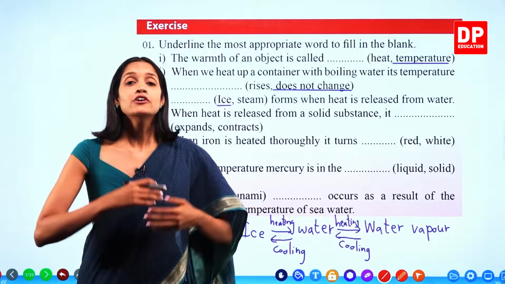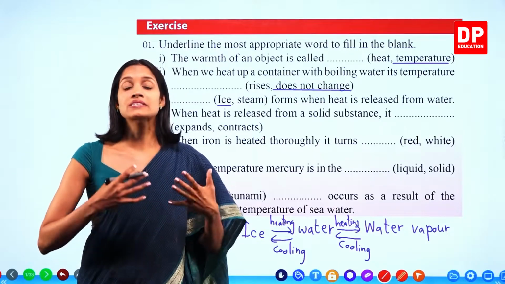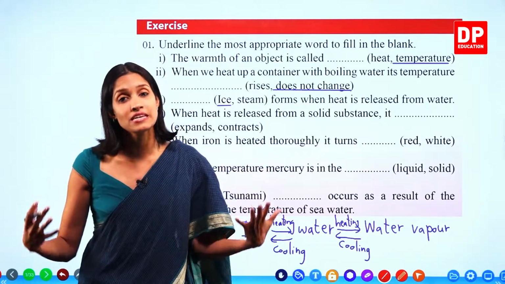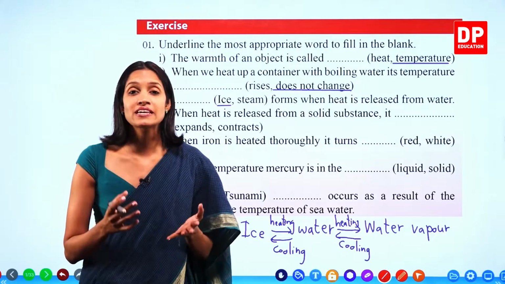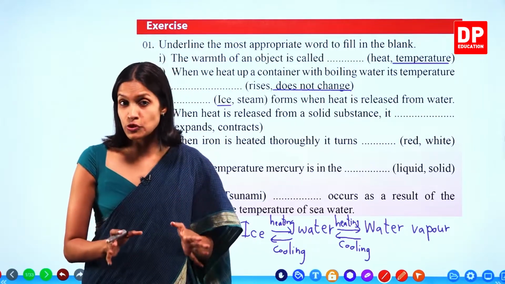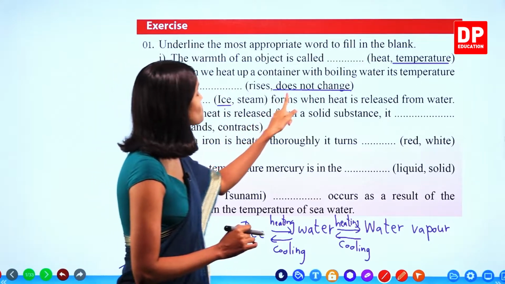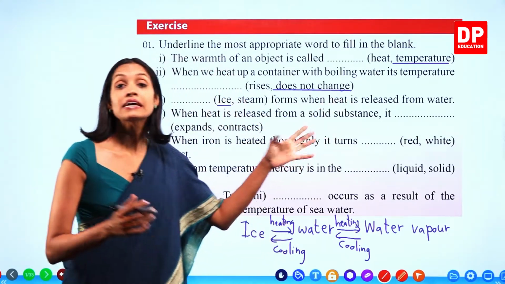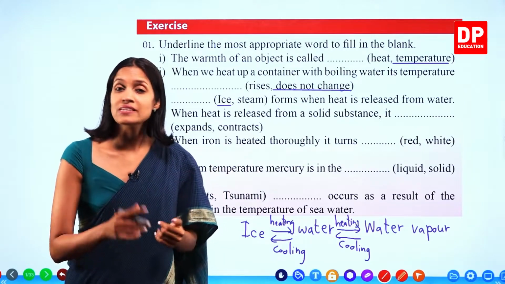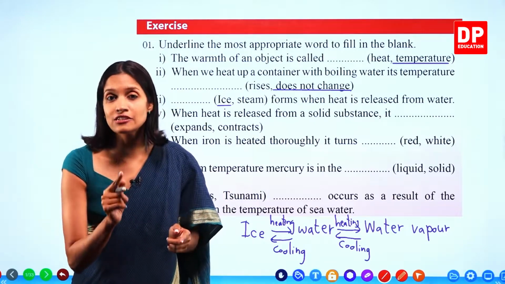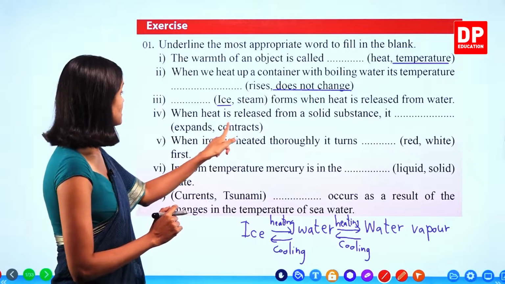Right, children? So when a certain object or a certain substance releases its heat, what happens, children? The size and the volume reduces. Okay? So when heat is released from a solid substance, what happens? Its volume reduces and this is known as contraction. So answer, contracts.